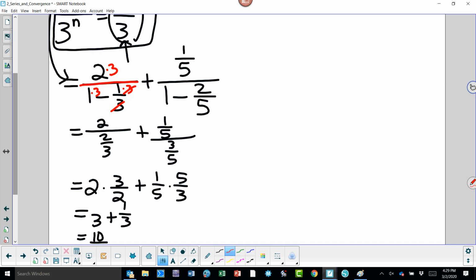So I end up with 6 over 2, which is just what I have there. On this one, it would have been even easier. Multiply everybody by 5. Of course, that's in the top because you're multiplying by 5 over 1. Those go away, those go away. That's why we did it. So you end up with 1 over 5 minus 2, which is 1/3, the same thing we ended up with. We just would have gotten to those answers quicker. I would suggest that's what you do if you have a couple of those to simplify.